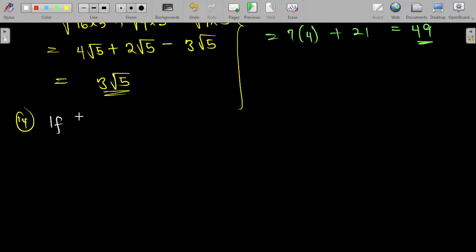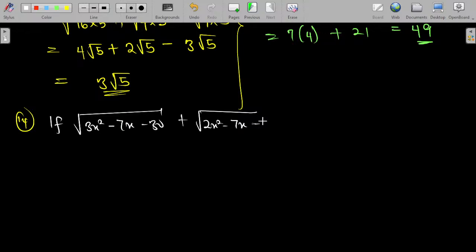Let's see. You have, if the square root of 3x squared minus 7x minus 30 plus the square root of 2x squared minus 7x minus 5 is equal to x plus 5, we are to find the value of x.